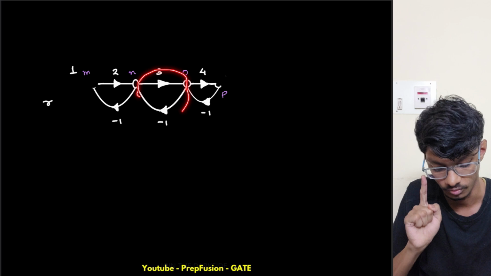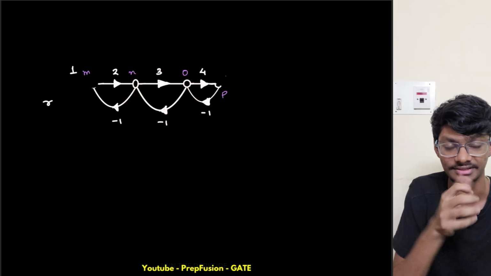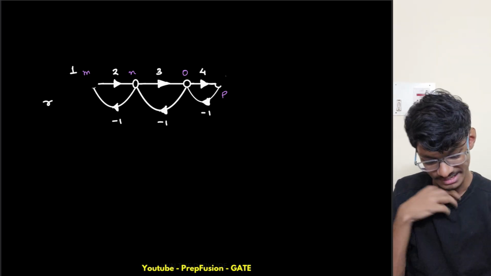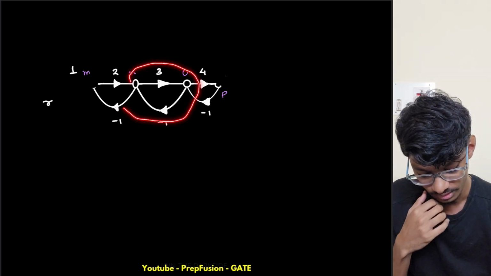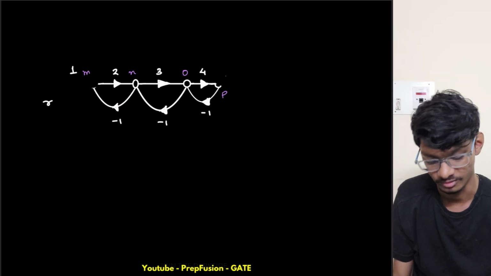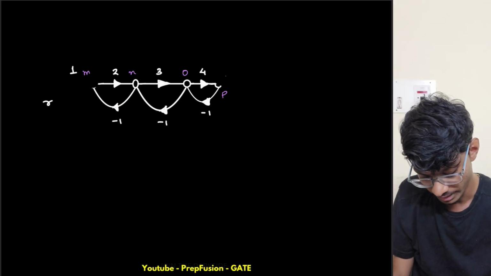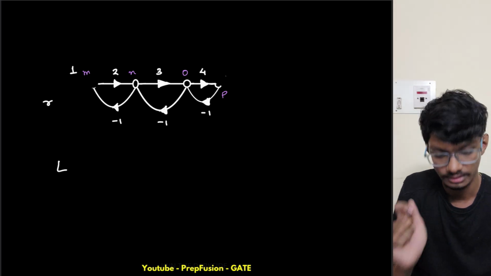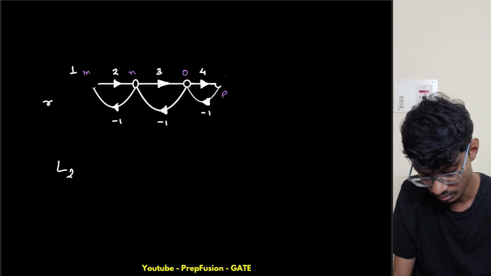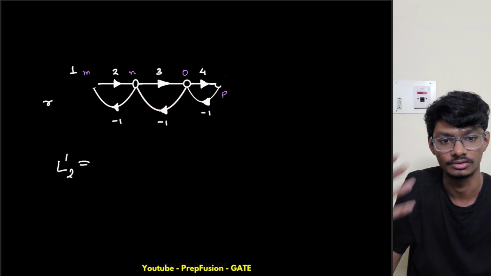Yes, there is one loop. This one is the loop that is remaining. This is the isolated loop, the last man standing basically. So finally we have one isolated loop. For delta 2, how can I write it? This was L2, so I will write L2 dash because this is isolated from the others.